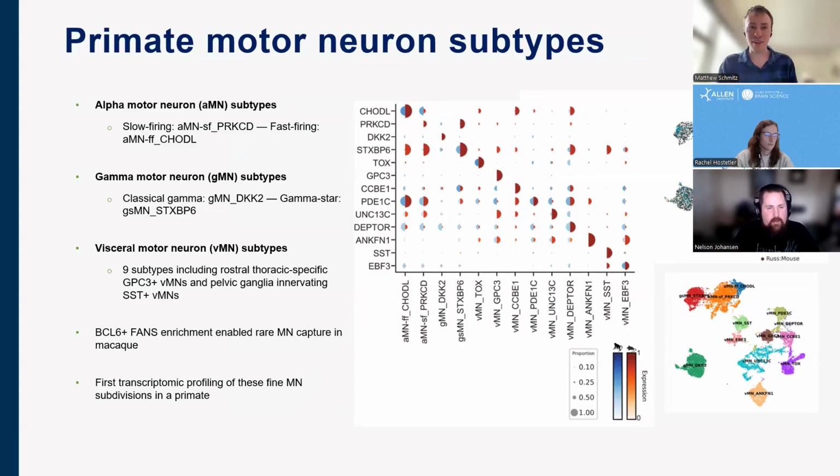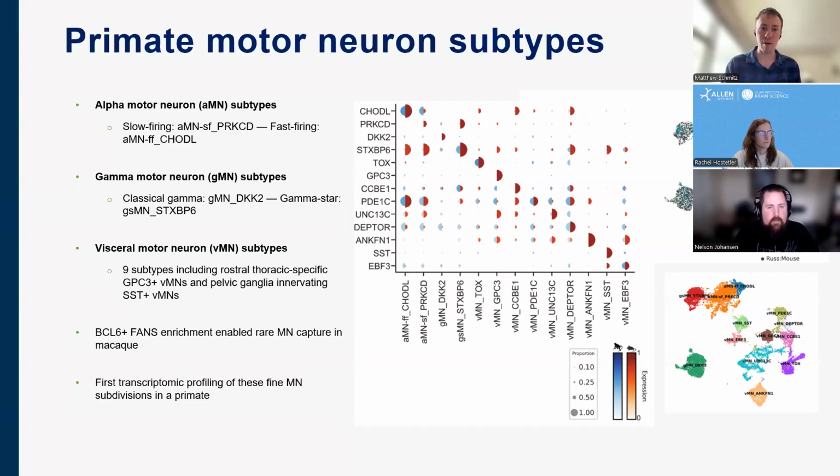And we also have a little sidecar taxonomy. It didn't really fit well into our levels, but we have the first consistent sampling in depth of primate motor neurons, because we were able to enrich for our macaque motor neurons. And so we're able to pull out a bunch of different motor neuron subtypes that are well known from electrophysiological and anatomical studies, where we have alpha motor neurons, which can be divided into slow and fast firing.